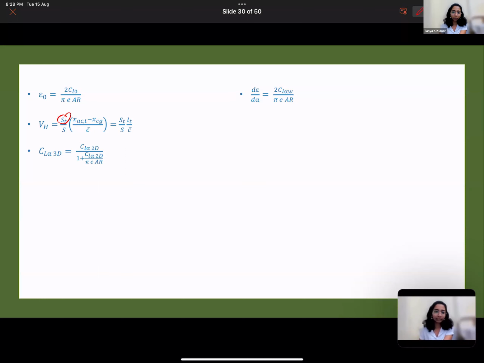Tail area, exactly. S is the wing area. LT is the tail moment arm, which is nothing but X AC tail minus XCG. Everything else should be fine.